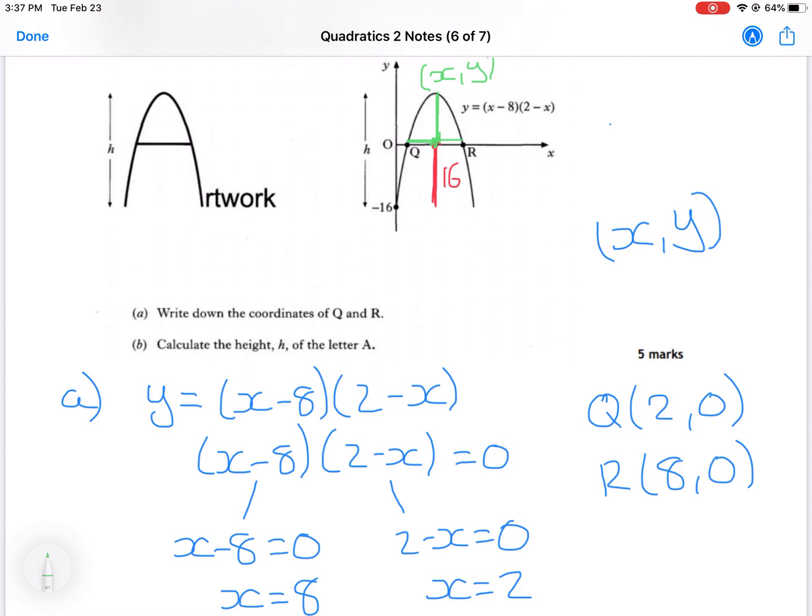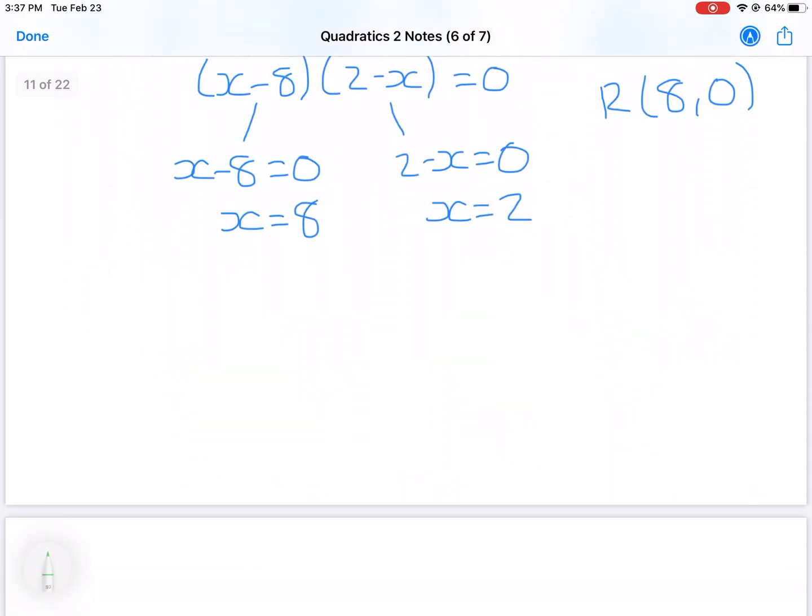Okay, so the first thing I need to do for part B of this question is to find the midpoint of Q and R. To do that, we think of what number lies in the middle of 2 and 8.